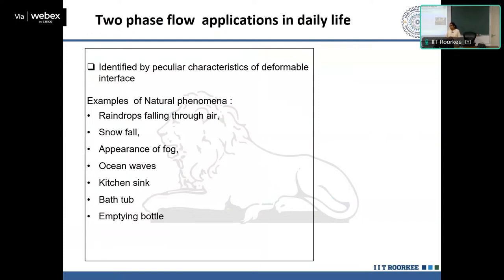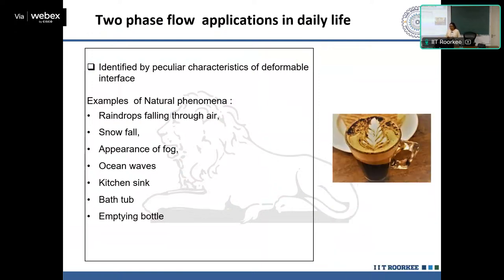If you use a bathtub, fill it with water and suddenly open the opening from the bottom, while you are draining the bathtub there is a hissing sound. Why is the sound happening? The sound is happening because there is a vortex formation, an air-water interaction at the bathtub draining pipe. A similar thing happens in the kitchen sink also. So in day-to-day life, we are also surrounded by these two-phase flow examples.